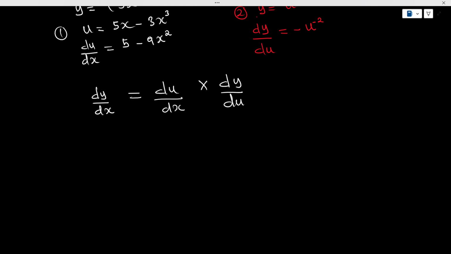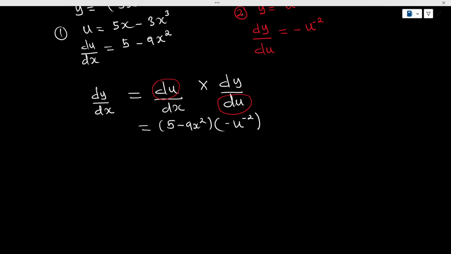Note this, the du and du are going to cancel out, so we remain with dy/dx, and that is what we are trying to find. Now you can plug in du/dx, which is 5 minus 9x squared, times dy/du, which is negative u raised to negative 2.